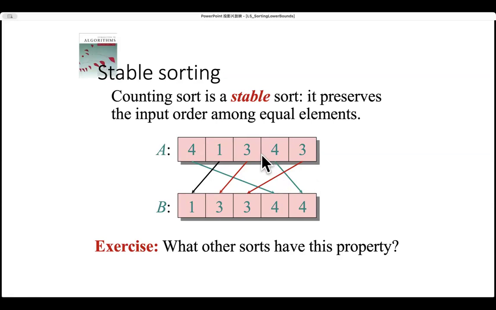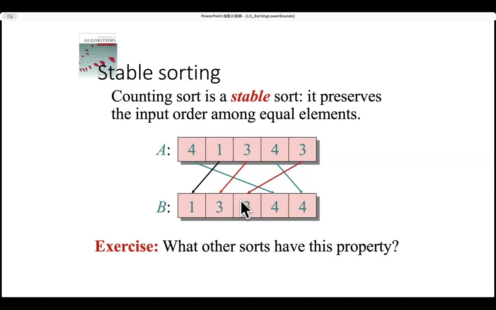These lines also indicate where these records are moved from their original places. You can see that, for example, because in this list we have two 3s, let's have a look. The first 3 is moved to the second index.